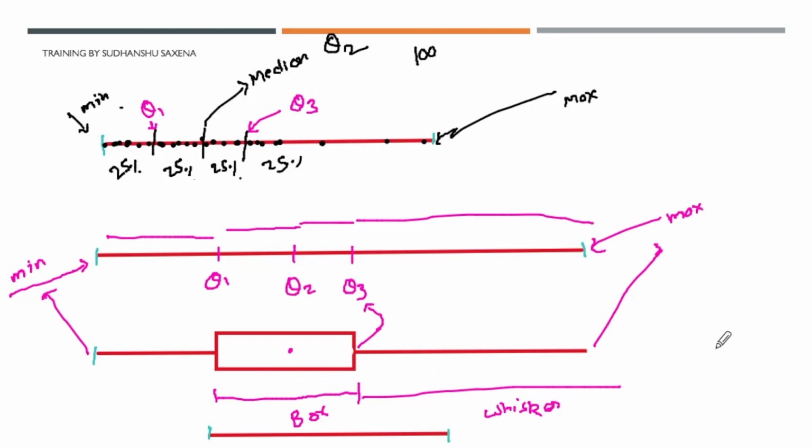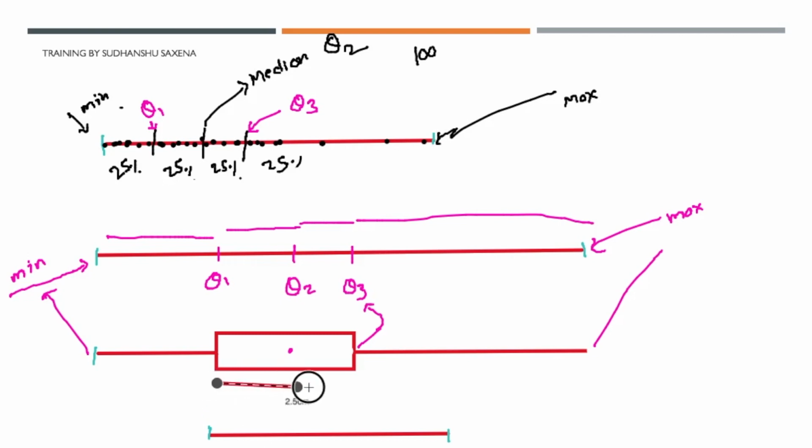So your interquartile range is actually defined as Q3 minus Q1, which is nothing but the difference of the values from here to here.